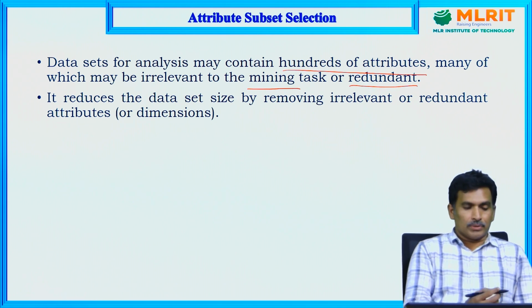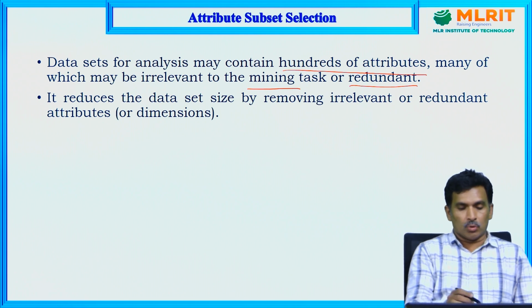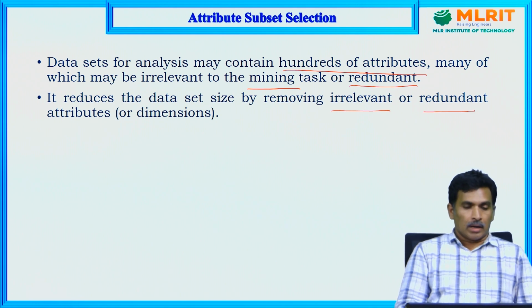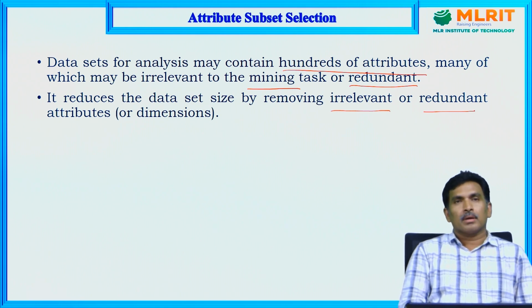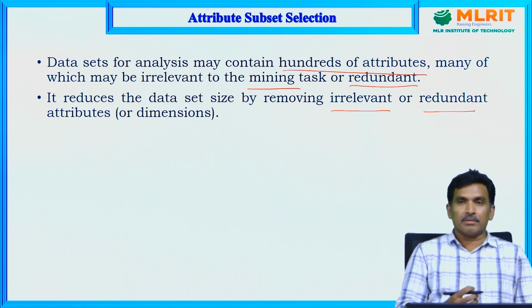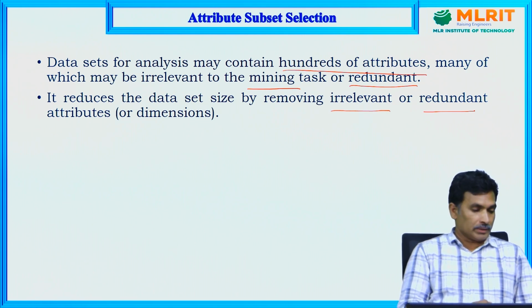Attribute subset selection reduces the data set size by removing irrelevant features or dimensions, or redundant attributes.